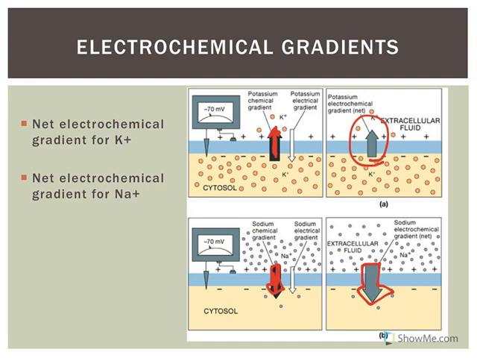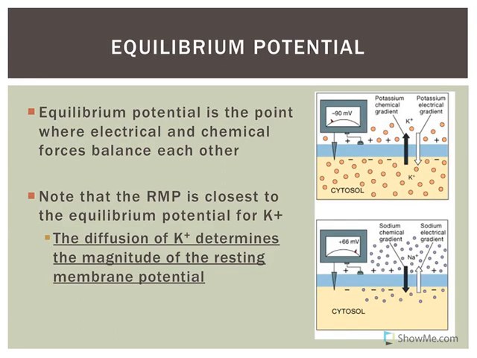But in order for these to do this, you're going to have to allow that membrane to be permeable to those ions. We haven't discussed those yet. Now here's a term that I want to talk about, something called equilibrium potential. The equilibrium potential is the point where the electrical and chemical forces balance each other.